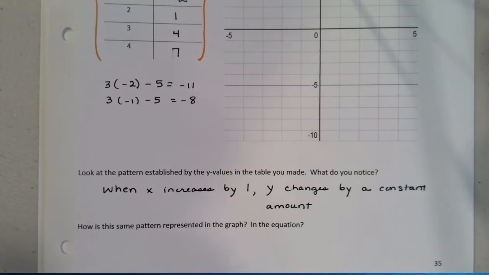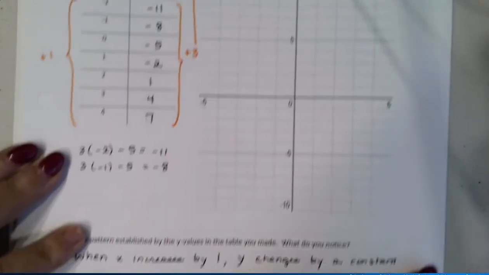As we look at more tables of values for linear functions, we'll see that same pattern over and over again. In a linear function, if the x values go up by 1, the y values will change by the same amount every single time. All right, let's take a couple of minutes and graph these points.